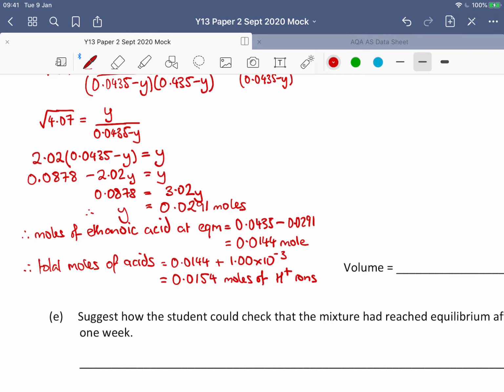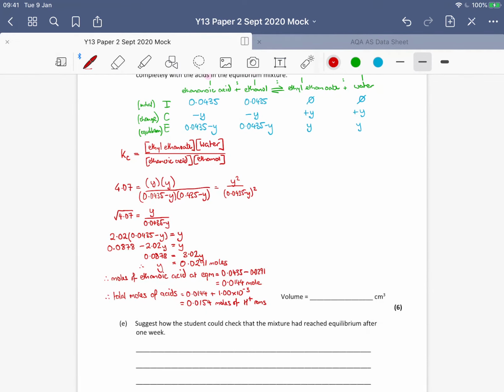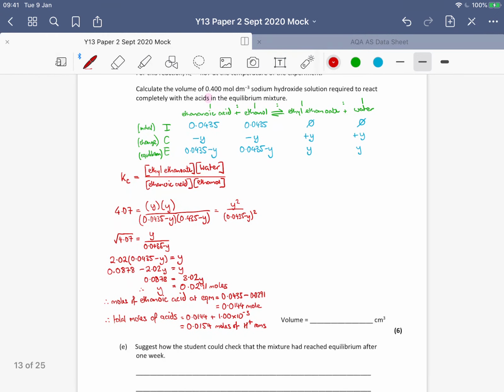So that's 0.0144 of ethanoic acid, which we worked out from our Kc expression, plus the 1.00 times 10 to the minus 3 moles of H plus ions from the sulfuric acid. Okay, so let's go back. So we were given the concentration of sodium hydroxide.